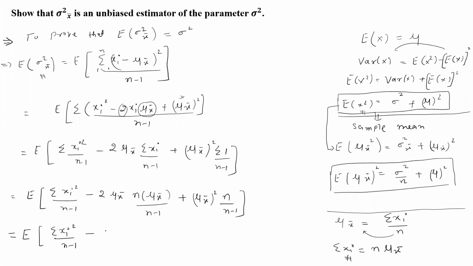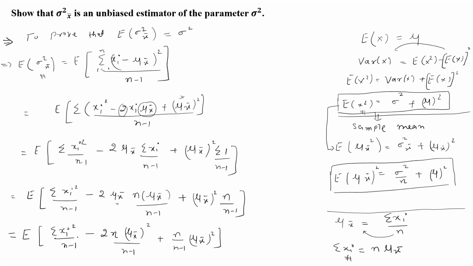So this implies this will be expectation of summation of xi square divided by n minus 1 minus 2 times mu of x bar. Mu of x bar becomes mu of x bar whole square. So you have n also here. Then you will have mu of x bar whole square whole divided by n minus 1 plus n divided by n minus 1 into mu of x bar whole square.